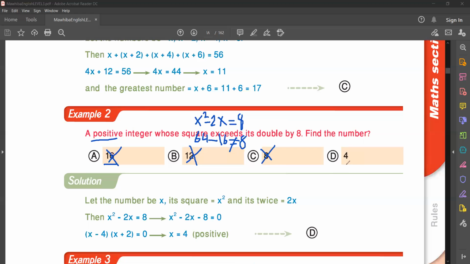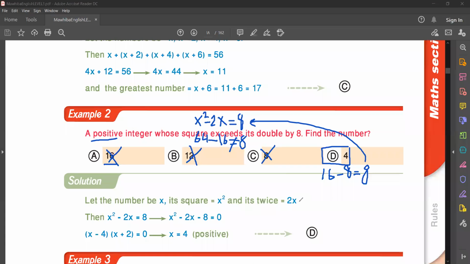So we take number 4. Write it here: x squared is 16 minus 2 times 4, which is 8. Then 16 minus 8 equals 8, right? So it is good, it is correct. So the answer is number D.